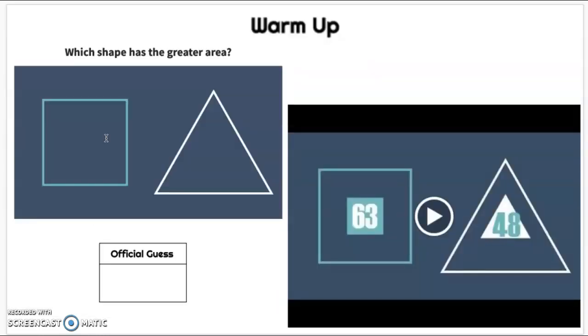All right, so for our warm-up, I want you to take a minute, go ahead and pause the video and think which shape has a greater area. Now, keep in mind that I know this picture over here makes it look like the square does versus the triangle, but this is not the finished product, right? Ignore these numbers. Okay, pause the video. Make your estimate or guess which one has a greater area.